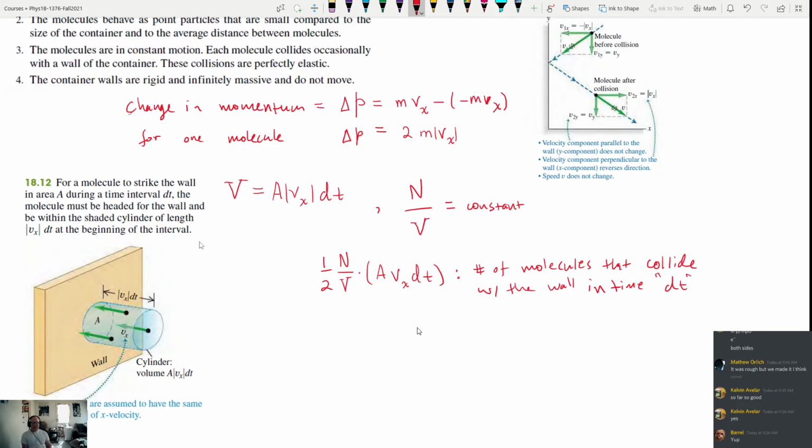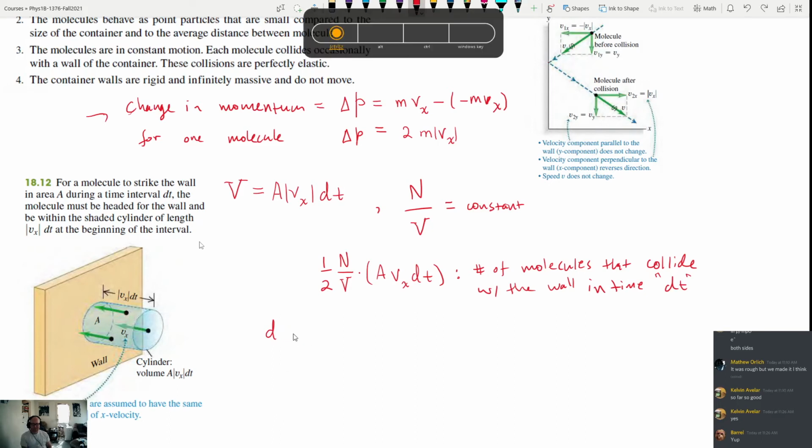Okay. So if I want to find the total change in momentum, if I take every single molecule, we know the change in momentum for one molecule is this. If I take this quantity here and multiply by momentum, then I can figure out the change in x momentum.